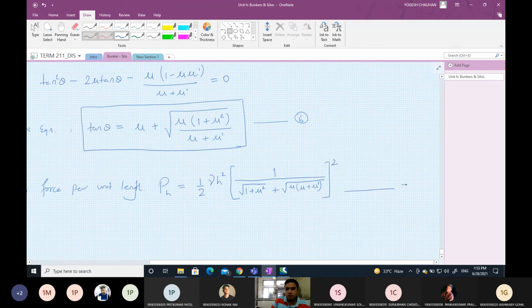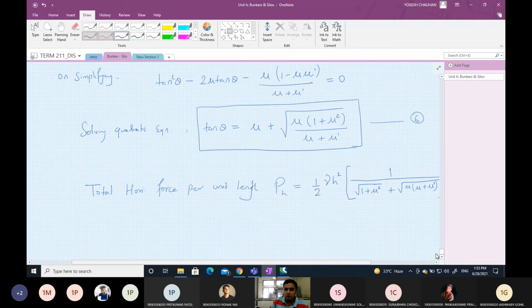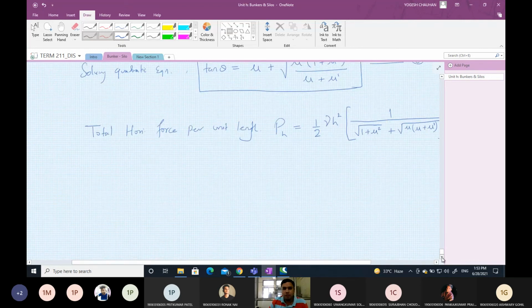Okay, mark this as number 7. Now this is the total horizontal force per unit length of periphery.